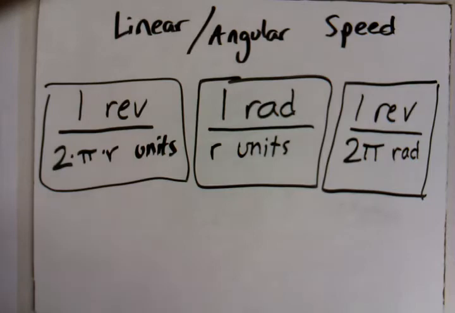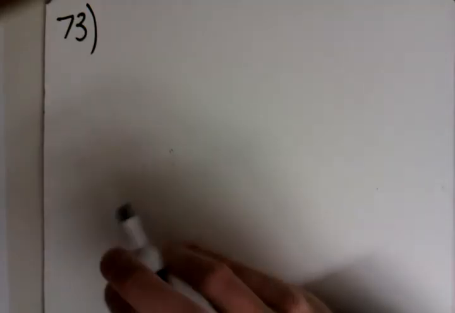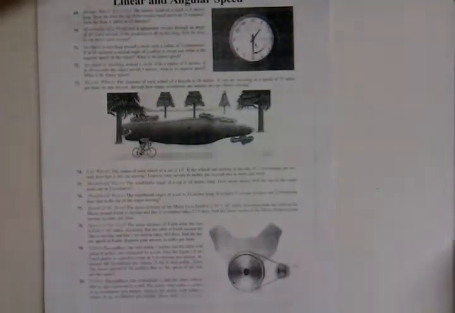Alright, so I'm going to leave those here and work on a couple problems just to show you some examples. Here I'm looking at number 73 on this worksheet, and I'll post a link to it. It says the diameter of each wheel of a bicycle is 26 inches.